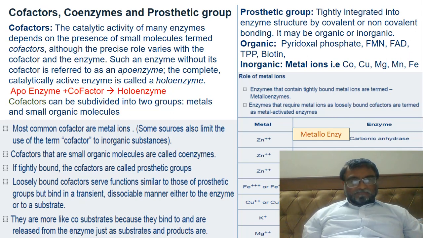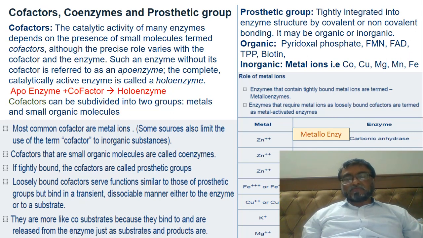Prosthetic group means that it is tightly integrated with the enzyme's structure. It may be covalent bonding or non-covalent bonding, and organic substances can also bind with the enzymes. For example, pyridoxal phosphate, FMN, FAD, TPP (thiamine pyrophosphate), biotin. These are organic substances.